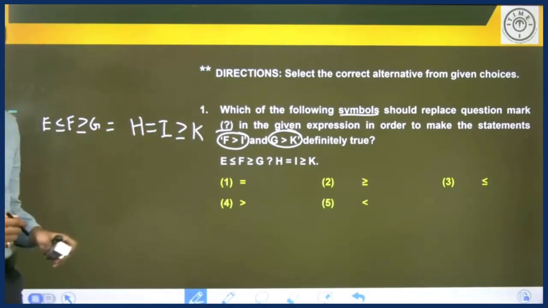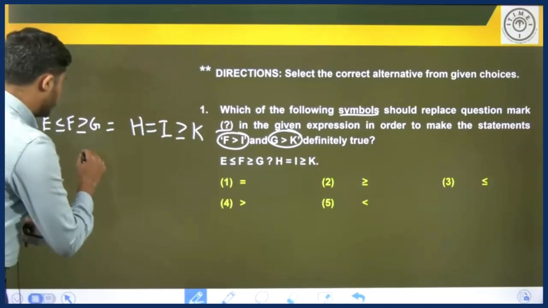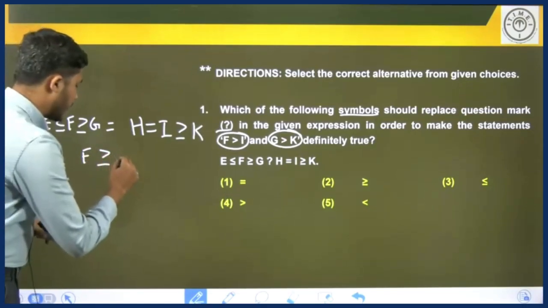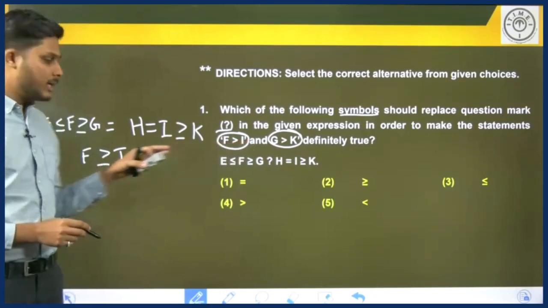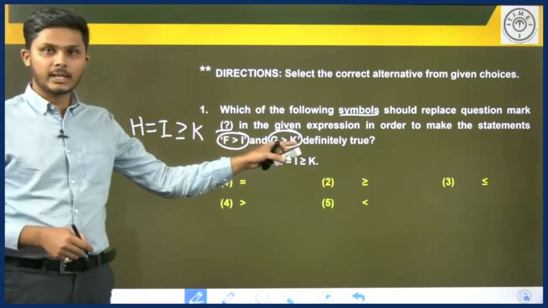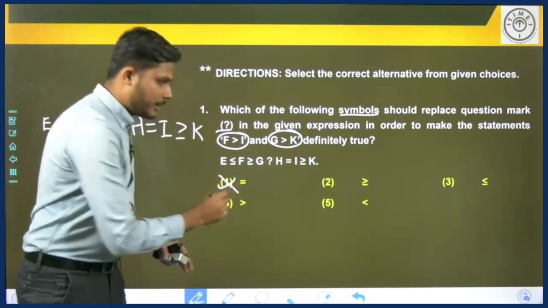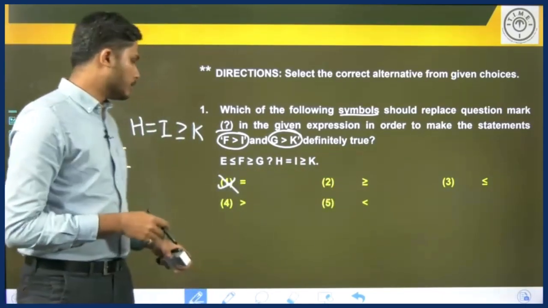Since g, h and i are equal, you can replace g with i, which is f greater than or equal to i, which is not same as the given condition. Hence, this option equal to does not follow, and we need not check for g greater than k. So option 1 is eliminated.